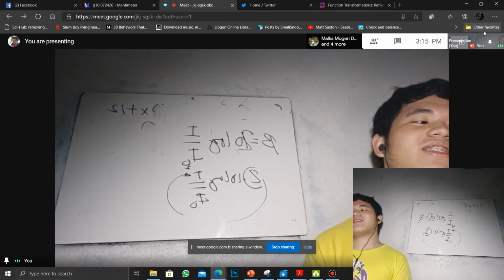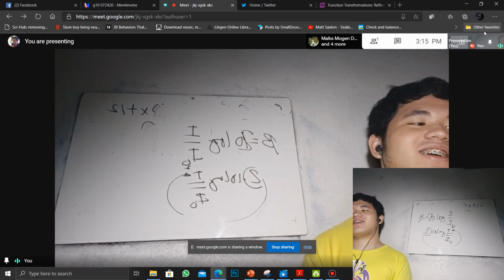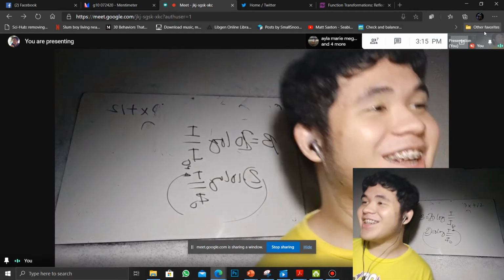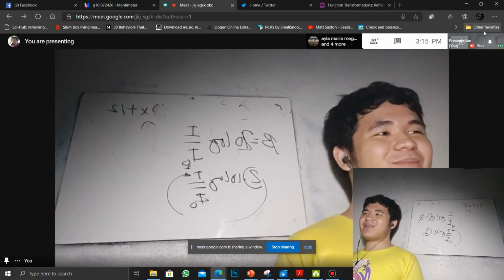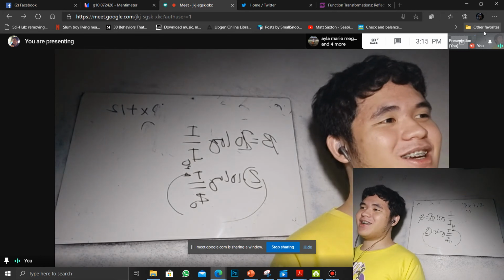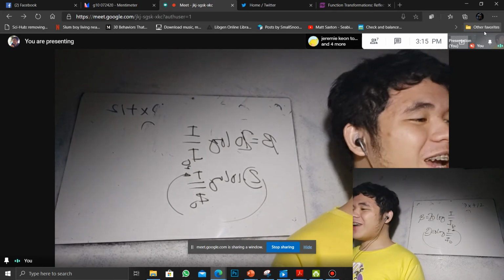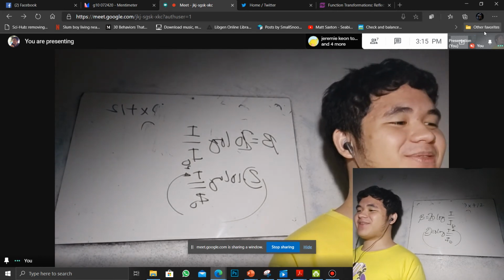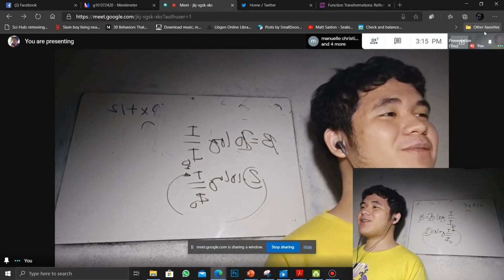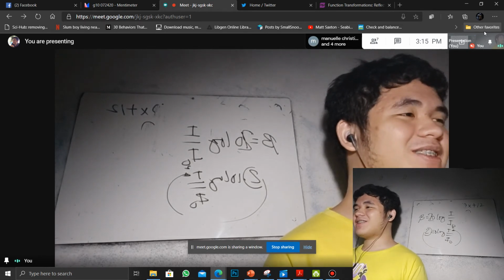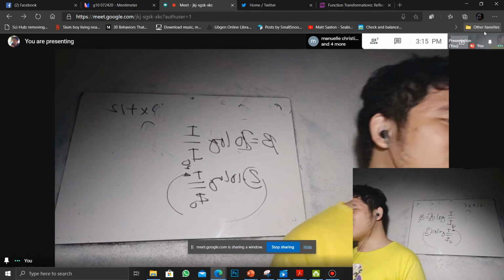Tama, isa-square mo yung intensity, 'di ba? Yun ang pinaka tamang sagot. Wala yun dito. So letter E. Kasi if you square naman the intensity, still a factor of 10 naman yan, 'di ba? Okay, next, number 13.